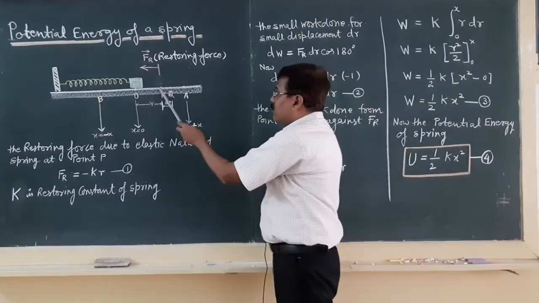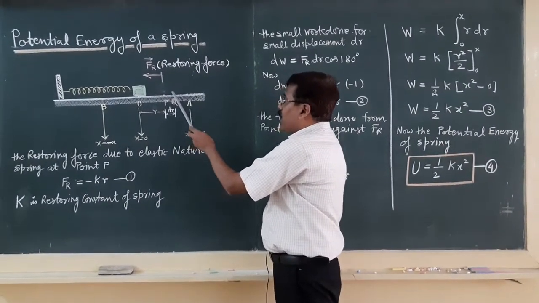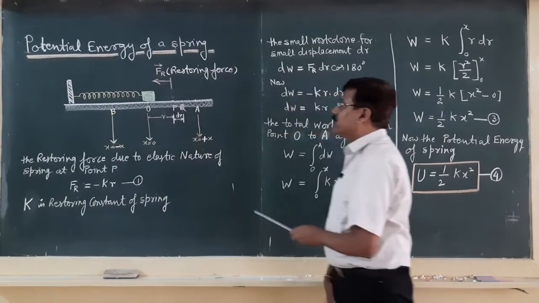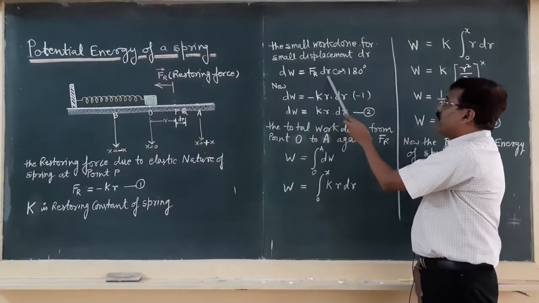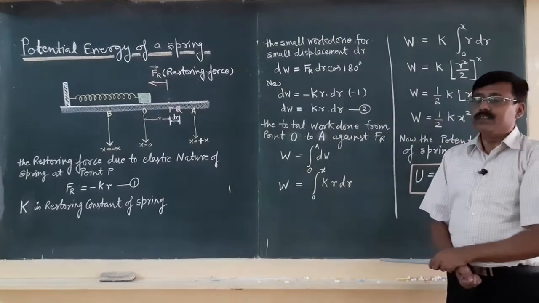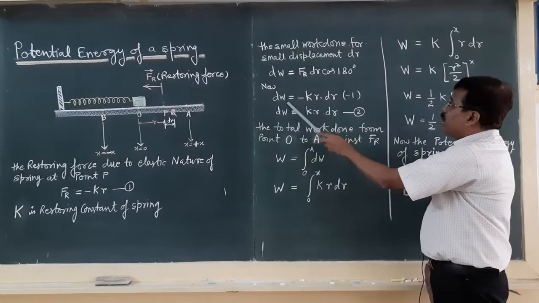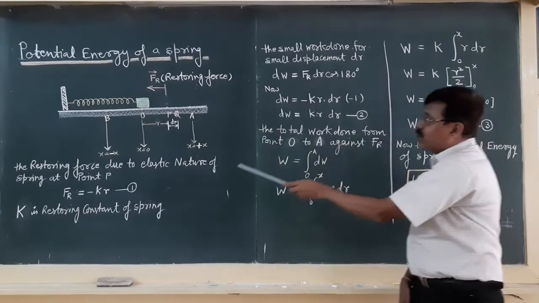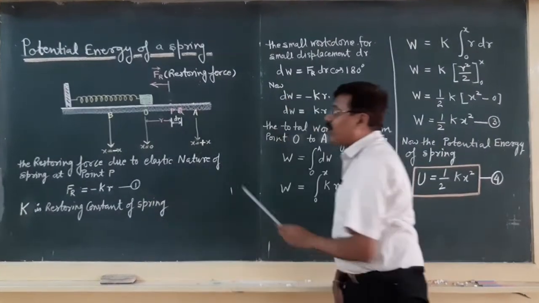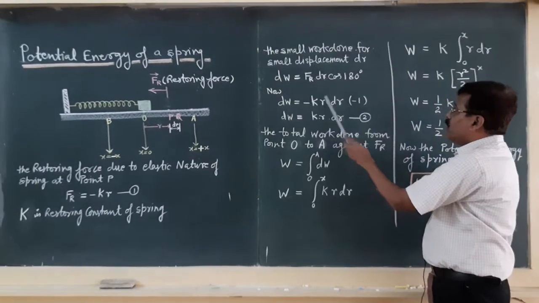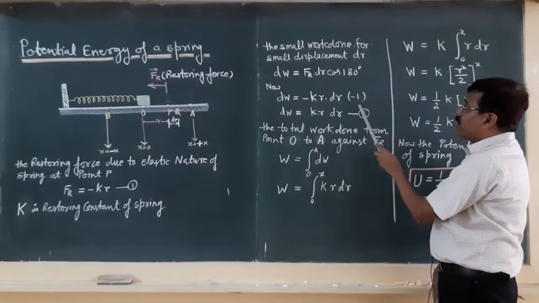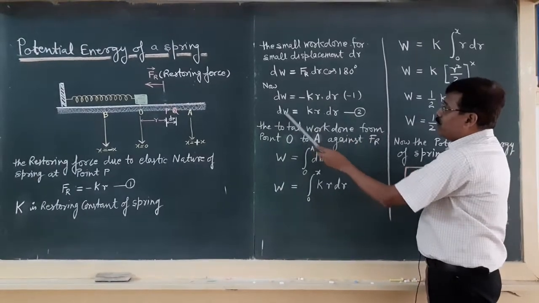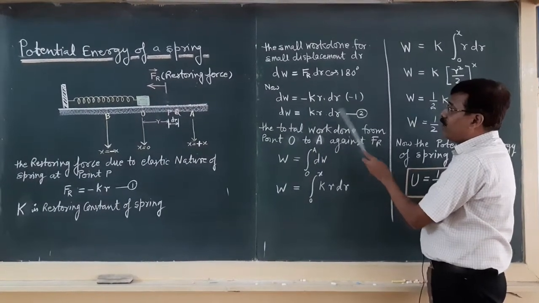Because the displacement is from P to Q and the restoring force always acts towards the mean position. So, the angle between F_r and dr will be 180 degrees, and dW will be minus kr dr cos 180, because F_r is equal to minus kr according to equation number 1, and cos 180 is minus 1. This minus times minus gives plus, so dW is equal to kr dr.